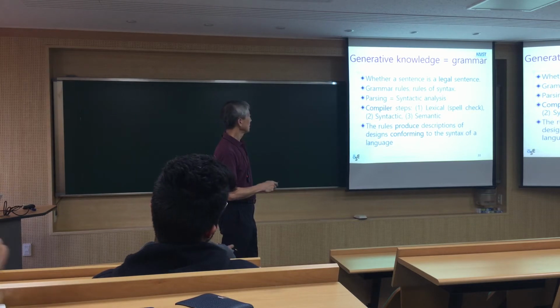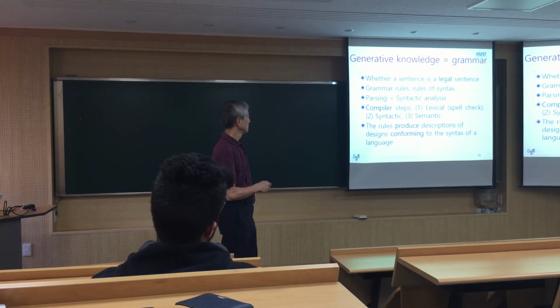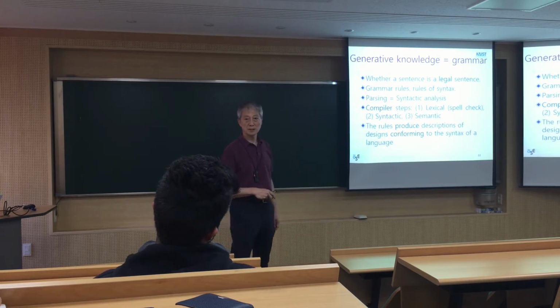Generative knowledge can be a grammar, or Lego blocks, where a sentence is a legal sentence. Whether it is legal is defined or judged by the grammatical rules. Legal sentence, correct sentence. So grammatical rules of syntax are similar to parsing in a compiler for a programming language.